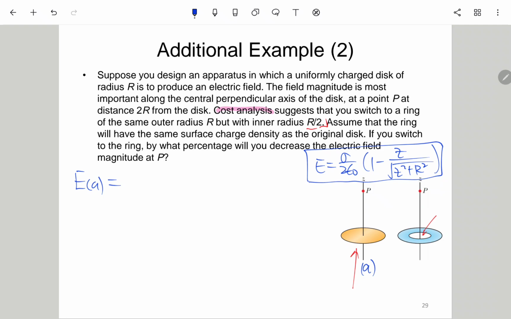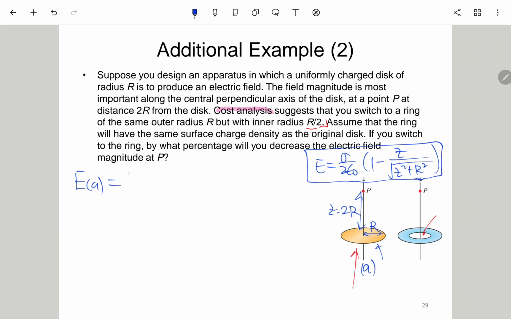Okay, so in that case we have a finite R, so we don't have the assumption that R is much larger than z, or R tends to infinity, so we still keep this expression. Here we have the radius to be capital R, and the distance from P to the disk is 2R, which means z equals 2R.